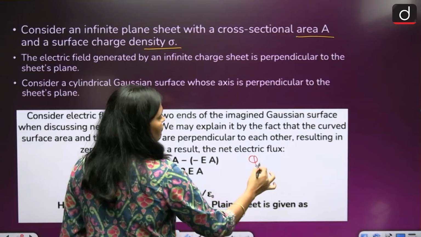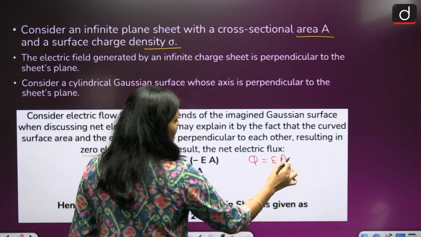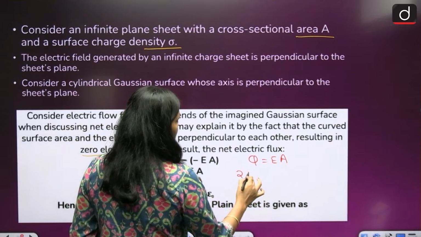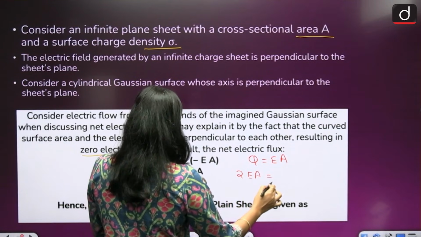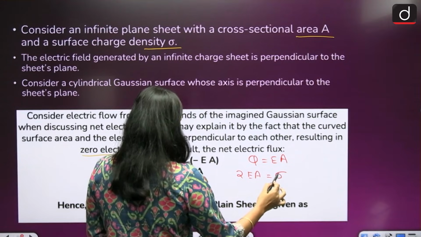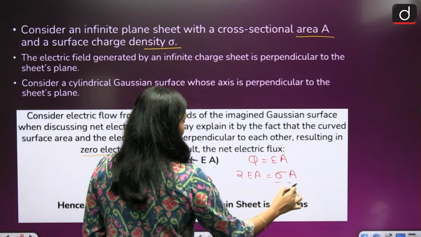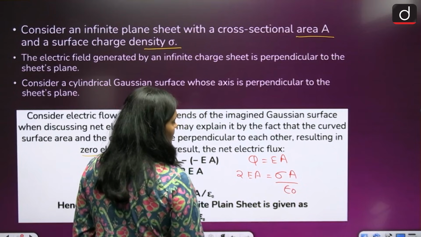You know that flux is equal to EA. So here 2EA equals sigma A by epsilon naught.